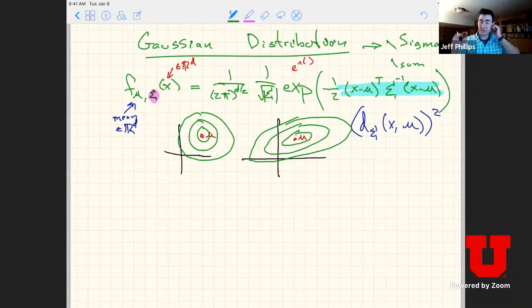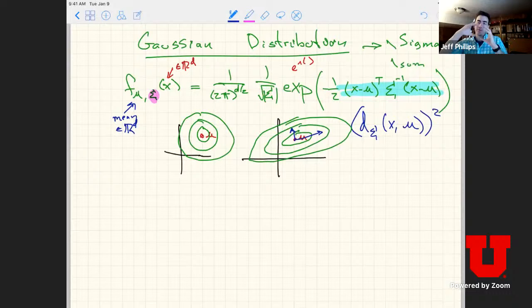This should look like some of the pictures we drew with PCA. These are ellipses with axes, and these axes are like the principal components of the data the distribution is representing. The covariance allows it to have this skew in how it fits the data.